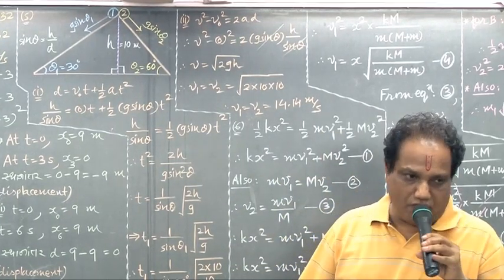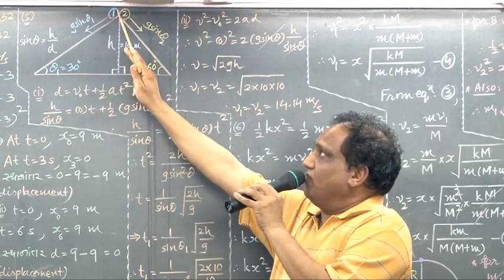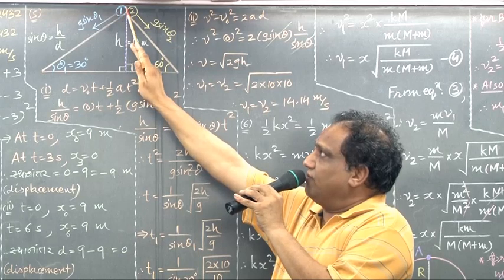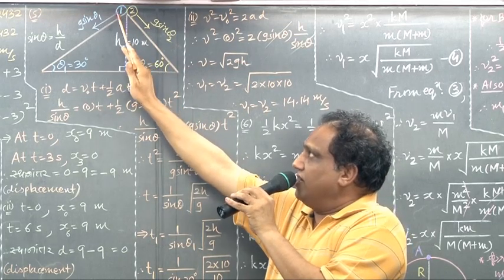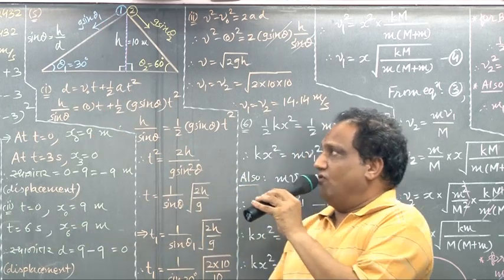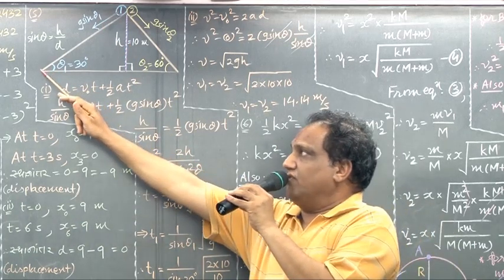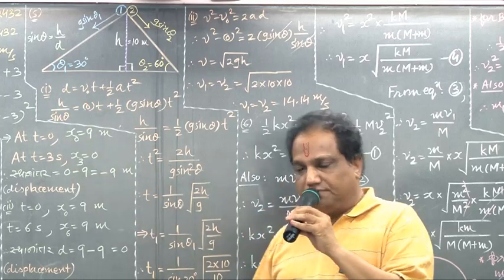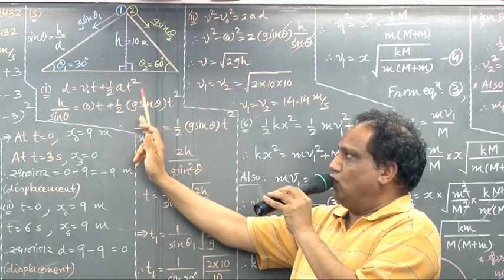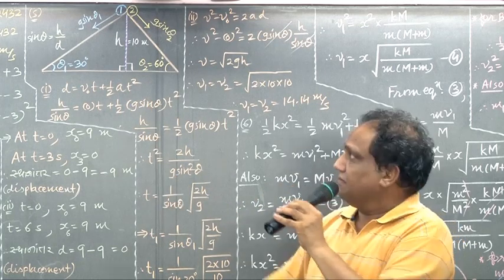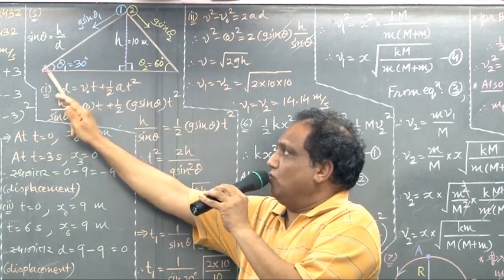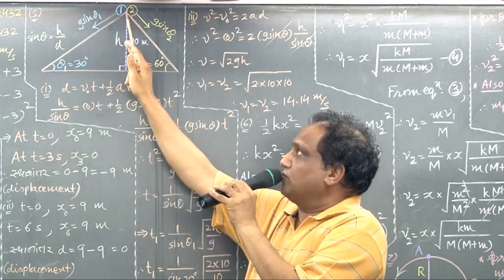Finished? Look now. Talk about first body. This first body, when you release from the top, will start moving downwards, down the slope. At the end of what time will it reach here? That is what we have to find out. Come on, d equals v0 t plus 1 by 2 a t square. Take this as height h. Take this as length of the slope small d.